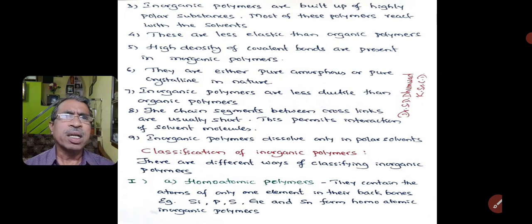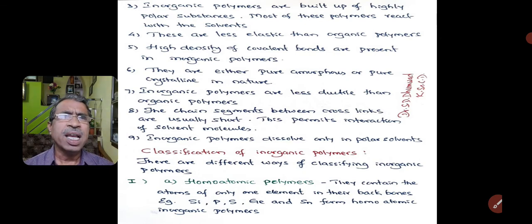Inorganic polymers are built up of highly polar substances, whereas organic polymers are built up of non-polar substances. Hence, most of these polymers react with solvents. This is very important: organic polymers dissolve in the solvent, they don't react with the solvent, whereas most inorganic polymers react with the solvents, giving off heat energy.